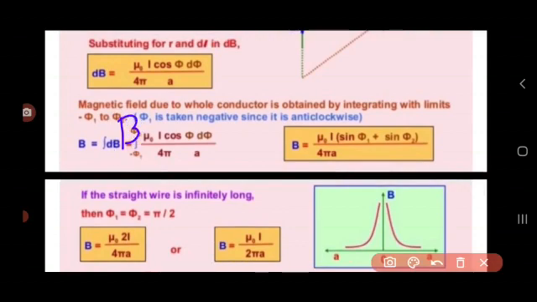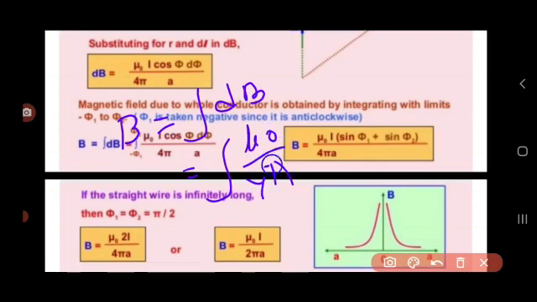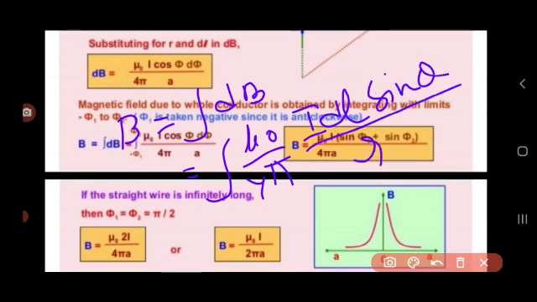So B is equal to the integral of mu naught by 4 pi, I dl sin theta by r square. In place of dl, you write a sec square phi d phi.